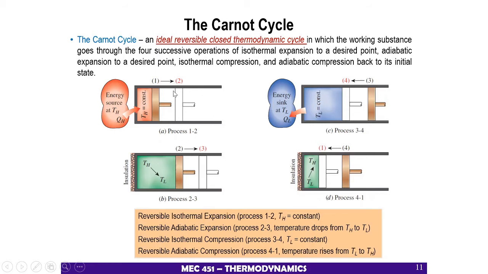Process 1 to 2: energy source, energy being put into the process, and then the expansion. In this process, we call it the adiabatic expansion, and we assume it's being insulated adiabatically, which means no heat being transferred outside.